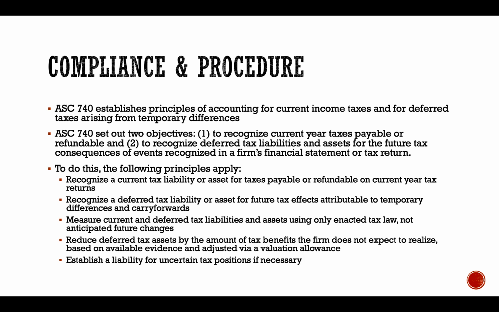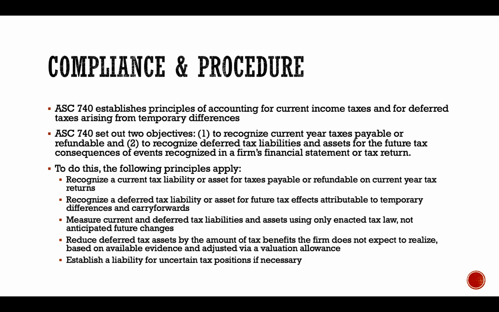So we're just doing an overview here, and you'll learn more about it later. ASC 740 set out 2 objectives: to recognize current year taxes payable or refundable, and to recognize deferred tax liabilities and assets for the future tax consequences of events recognized in a firm's financial statement or tax return.